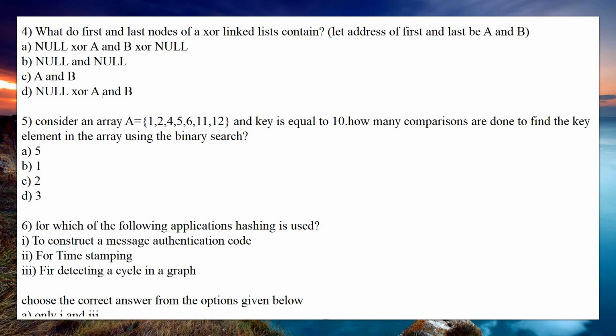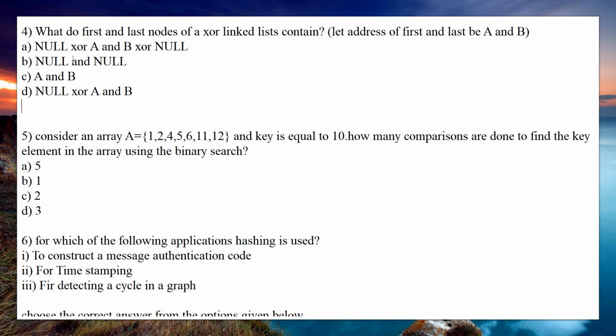Option D is null XOR A and B. For the first and the last node, it should have a null. So you can say from option A, null XOR A is for the first node, and B XOR null is for the last node. So null XOR A and B XOR null is the correct answer for this question. That is option A.